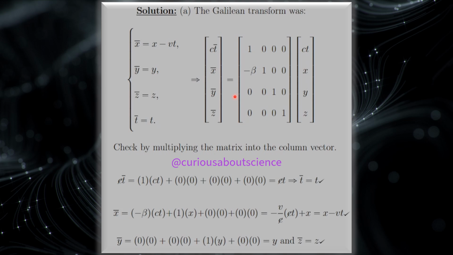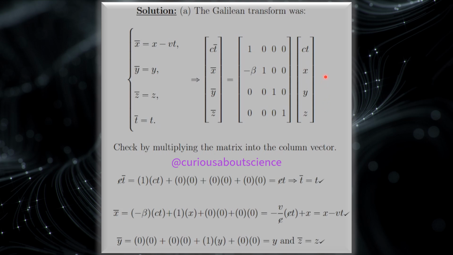So if we set things up where we have ct bar, this is our normal 4-vector kind of isolation where the 0th component is the t component, and then we have the spatial components. What we could say is that in these transformation rules, where we multiply c to t bar and t, this is equal to some matrix multiplied by the column vector ct, x, y, and z.